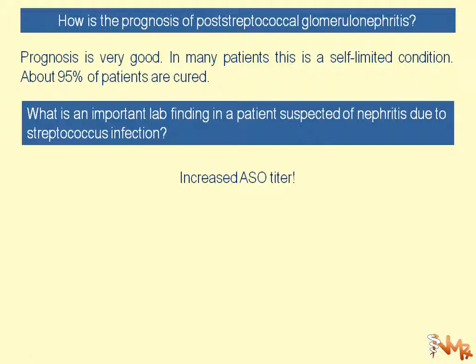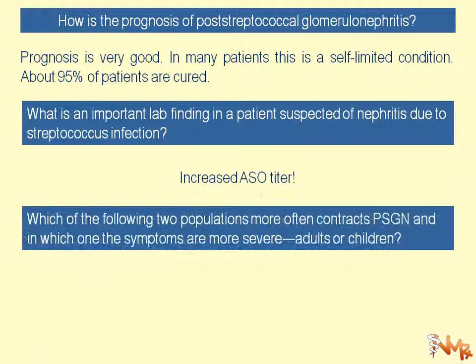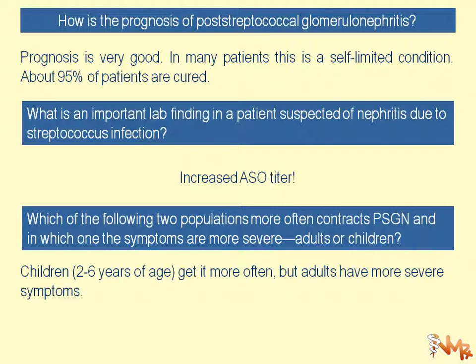Identifying the anti-streptolysin O antibody in the blood of these children or the patients. This is diagnostic. Which of the two populations more often contracts PSGN, and in which one the symptoms are more severe, adult or children? Children get it more. Adults get it less, but they get the more severe version of the disease.